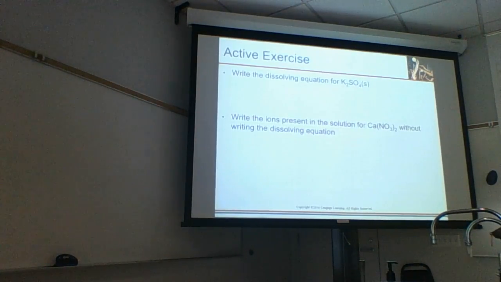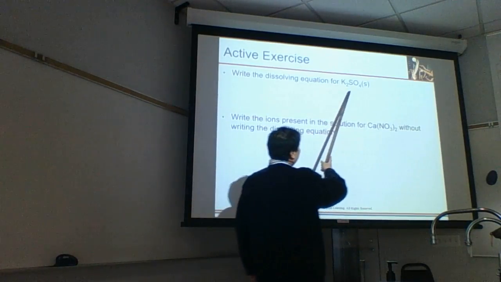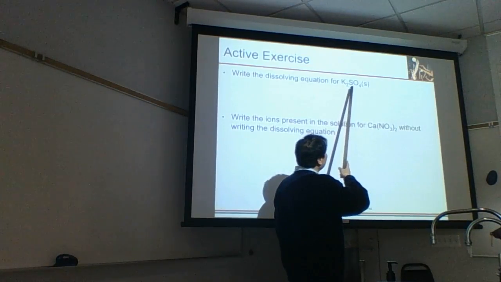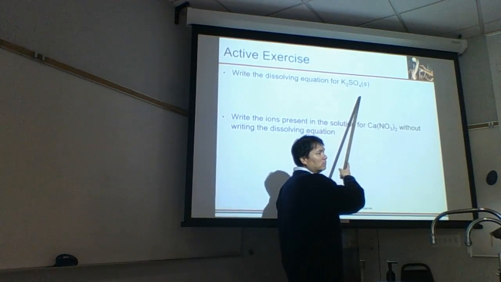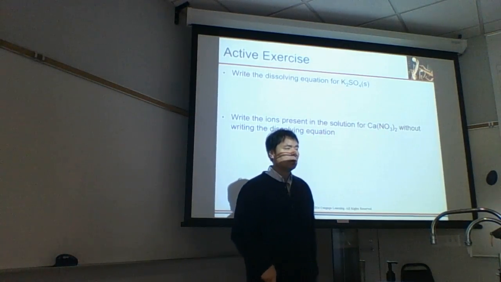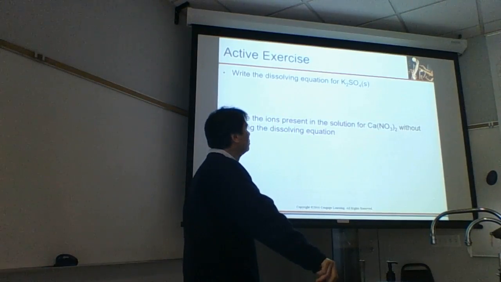Well, I break this up into 2 steps. The first step, for any solid like this or any liquid or whatever, I first ask myself, is it soluble? Well, this is an ionic compound. For ionic compounds, we know that group 1 are soluble, so it's soluble.